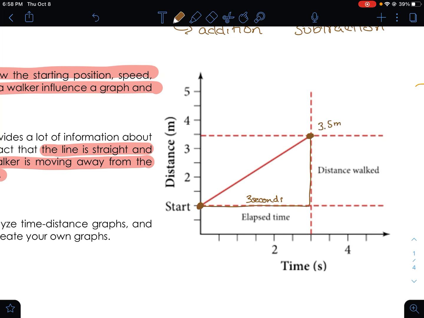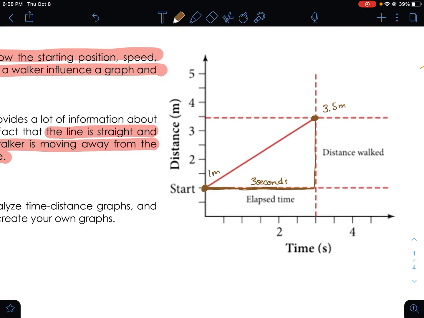So what we know is that this walker, over the course of his walk that lasted 3 seconds, traveled 2.5 meters. So what we can come up with is a unit rate of his speed. So we know he traveled 2.5 meters in 3 seconds.